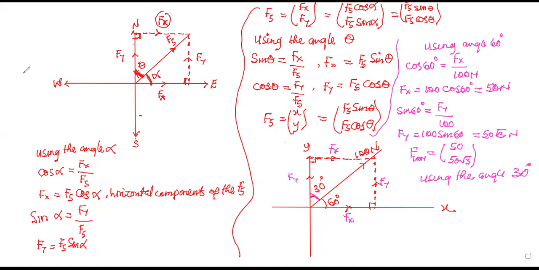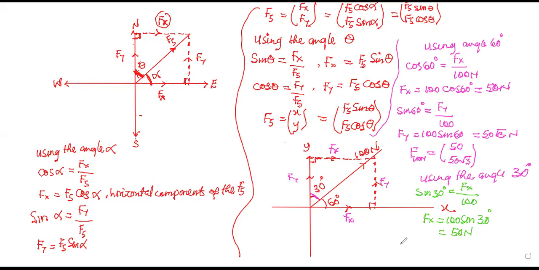Therefore, if I want the opposite, sine of 30 degrees is equal to Fx over 100. Fx is therefore equal to 100 times sine 30. Sine 30 is equal to cos 60, half. So this is also 50 Newton.